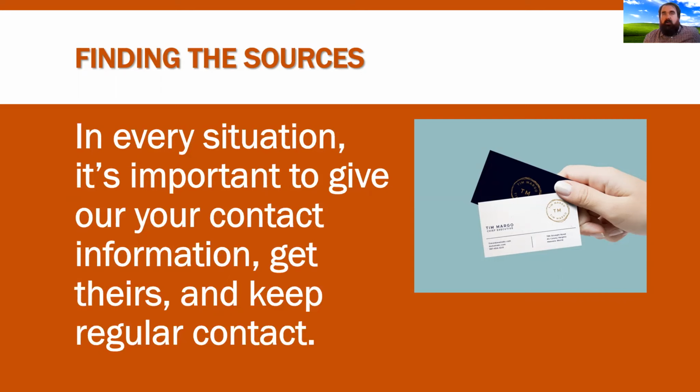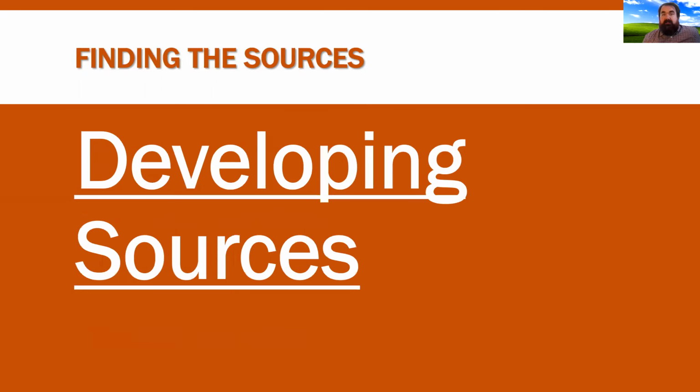Sports is a really small world, and the more we can make that small world work in our advantage, the better. Also, get business cards. If you're going to work in sports reporting, make sure you get some business cards because you'll want to make those connections.